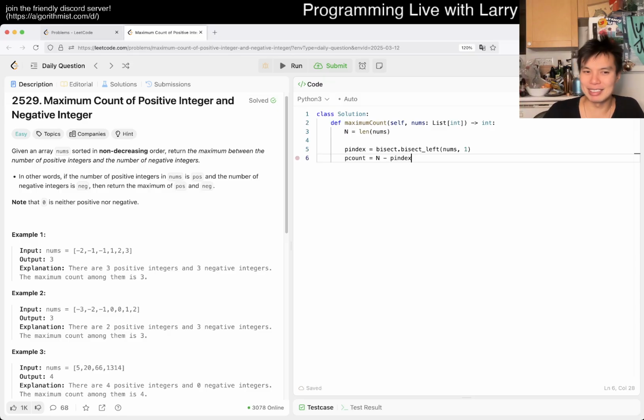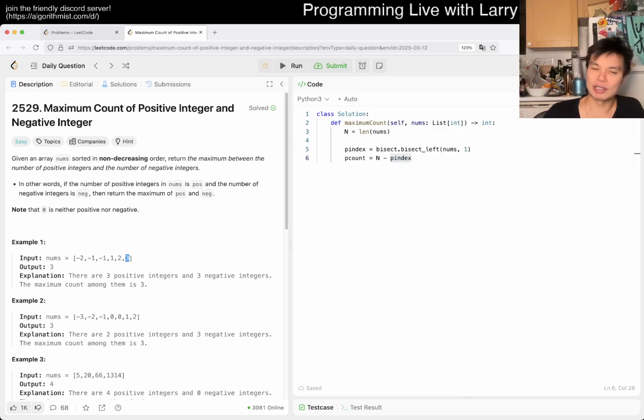I'm really bad at this, but the way I would test is, okay, if there are no positive numbers, then bisect left would return n as an index, and so that's good. If, for example, only the last number is positive, then it's going to return n minus 1 as the index, and you want that to be 1, so n minus p index is good, so p count should be right.